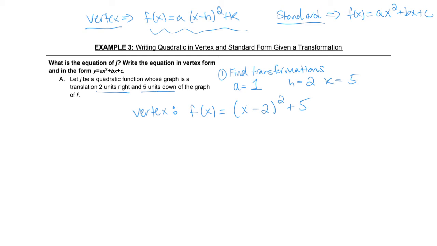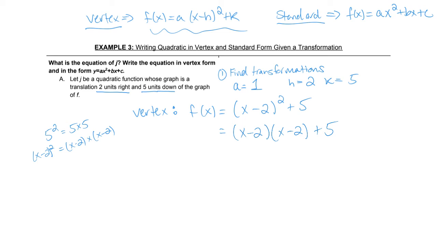Now, to change this to standard form is very easy. It says x minus 2 squared. So if you had 5 squared, you'd change it to 5 times 5. Now we have x minus 2 squared, so we're going to change it to x minus 2 times x minus 2, plus 5.